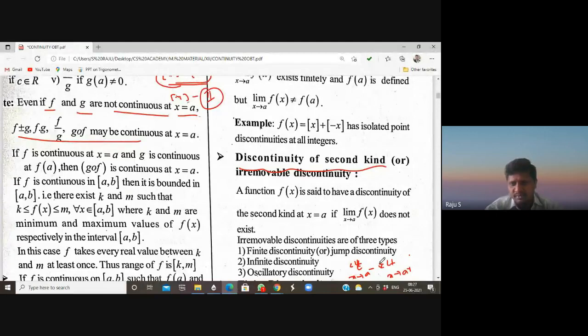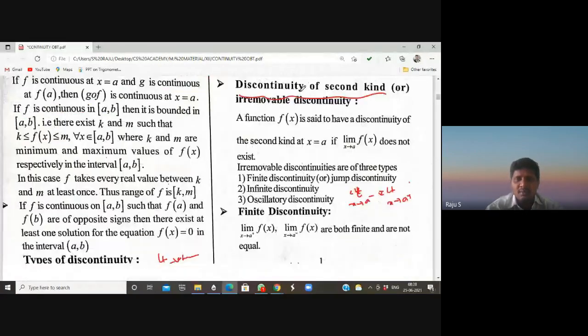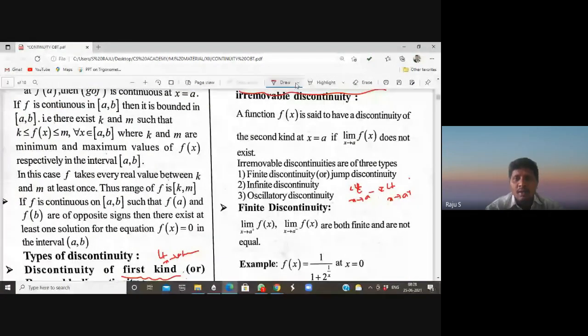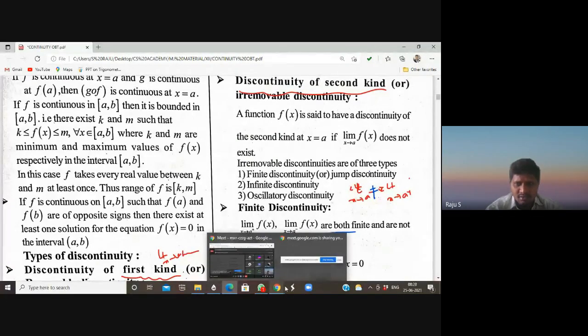If we find the limit as x tends to a minus, it has a finite value, and the right hand limit also has a finite value. Both exist, but left hand limit is not equal to right hand limit. This is called finite discontinuity.